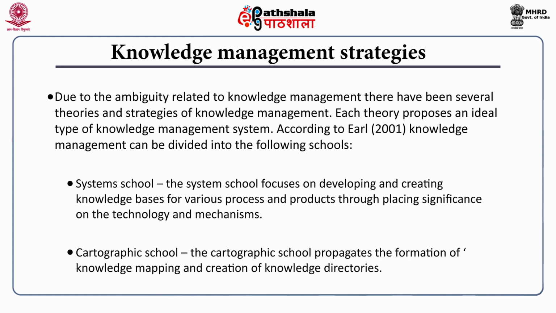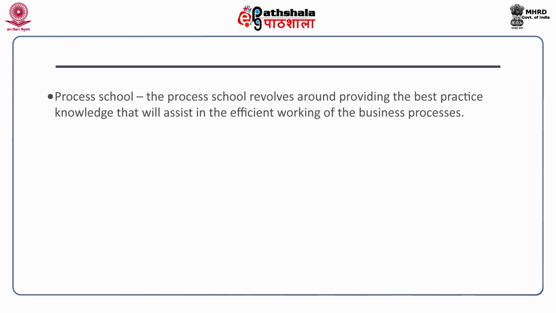The knowledge maps and directories act as a reference to the existing knowledge in the organization and help in identifying any inadequacy in the knowledge system. The process school revolves around providing the best practice knowledge that will assist in the efficient working of the business process.